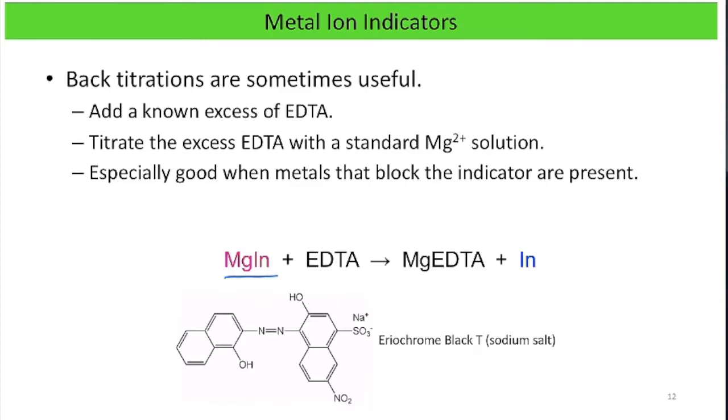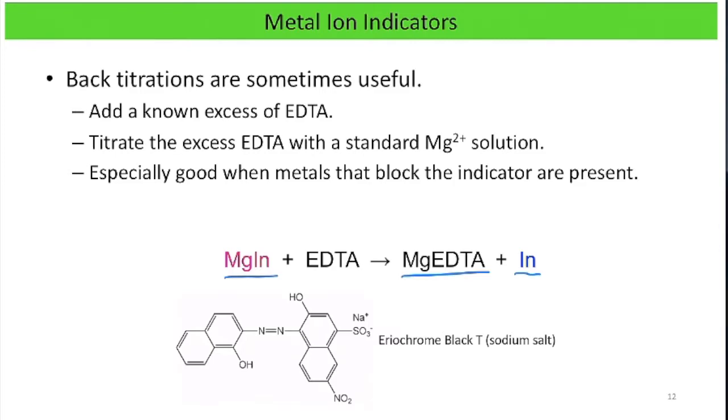And if we add EDTA to it, since EDTA makes strong complexes with magnesium, it's going to preferentially bind to the magnesium, making this magnesium EDTA complex, and then it will liberate the indicator, and indicator that is not bound to the magnesium is, in this case, going to be a blue color. So you can tell when this particular titration is done when the solution turns to a bluish color.